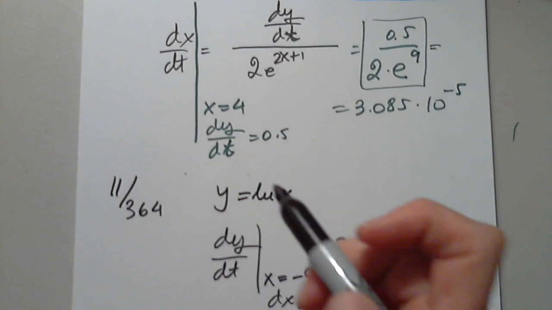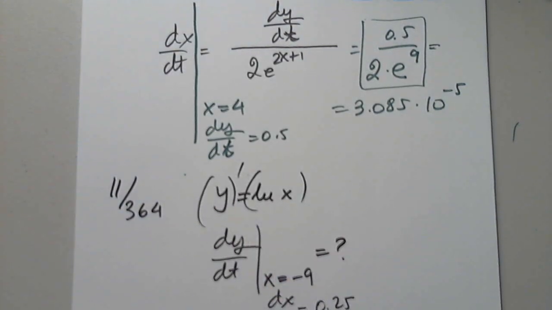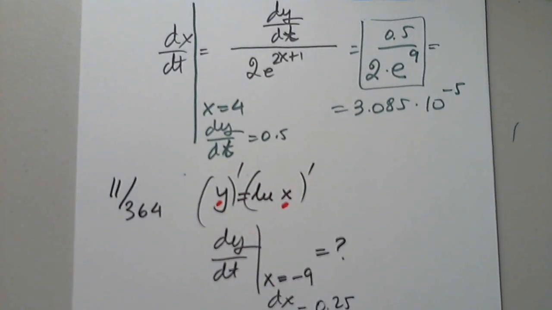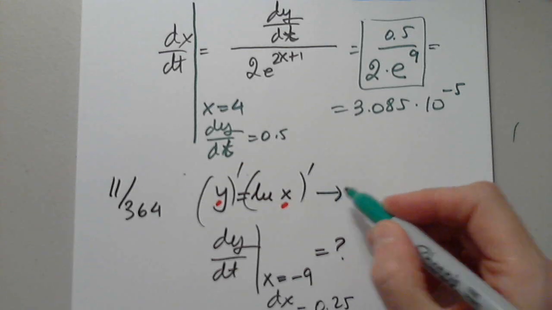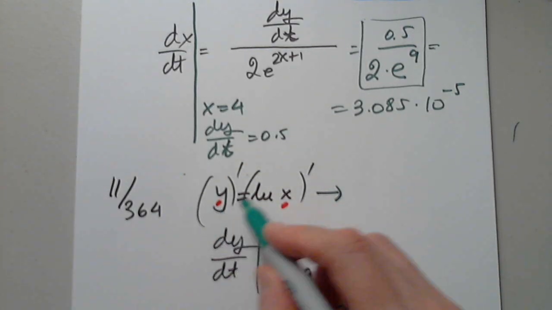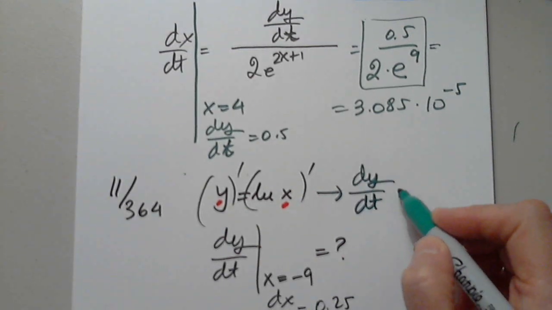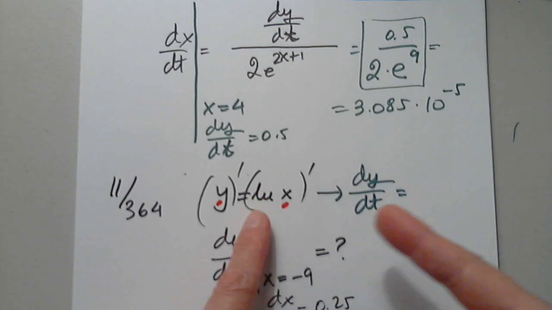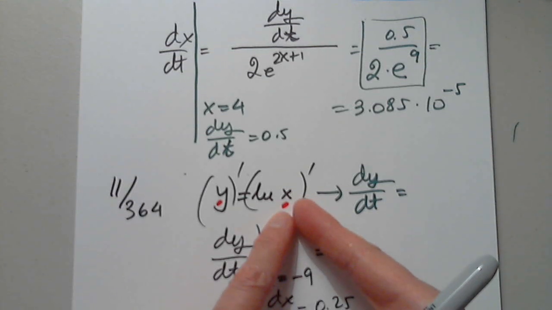No worries. So let's differentiate both sides. And remember, these are both functions of t. What do we get on the left-hand side? dy over dt. Yes. And on the right-hand side, first I have to differentiate natural log, and then the inner function.